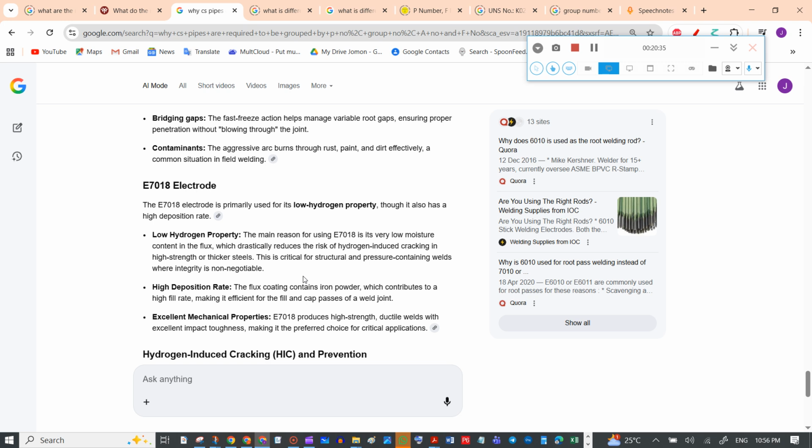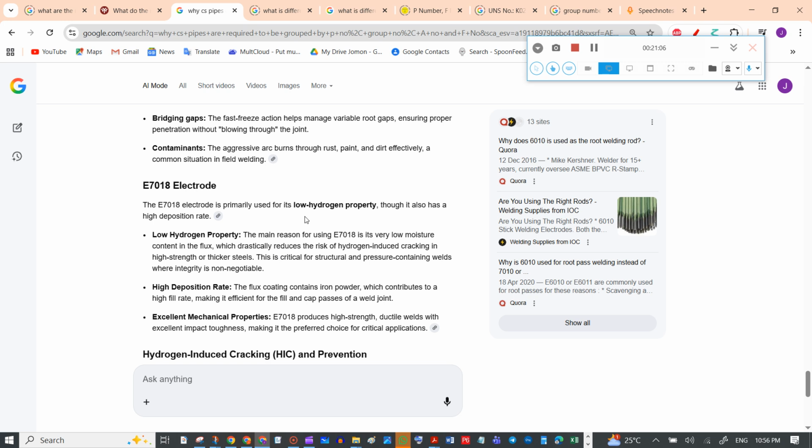The 7018 electrodes have a tensile strength of 70,000 psi, and in combination with 60,000 we get an average tensile strength of the weld joint of about 66,700. So that is one reason.